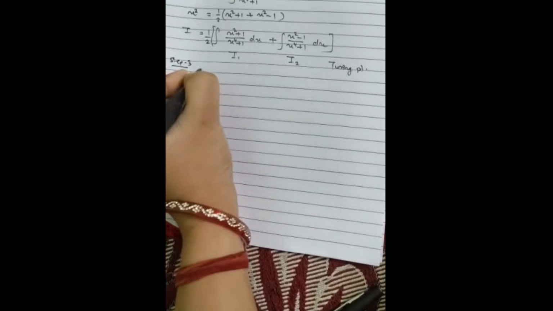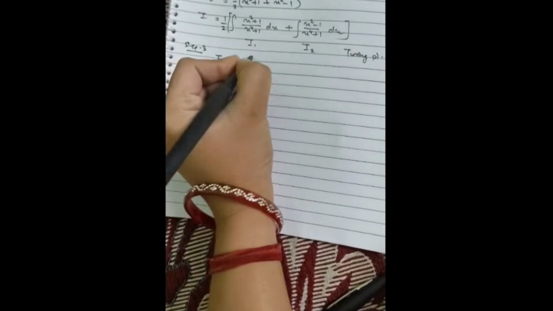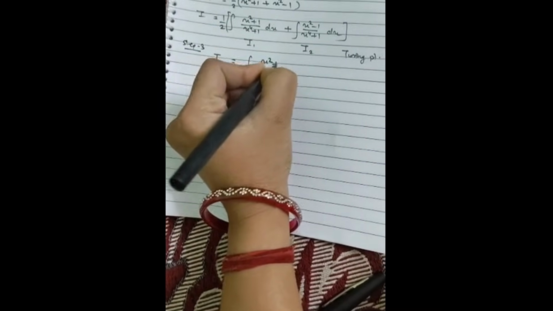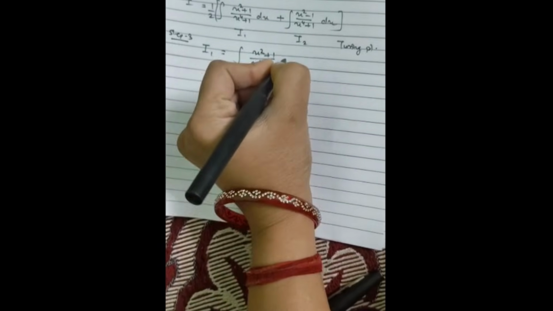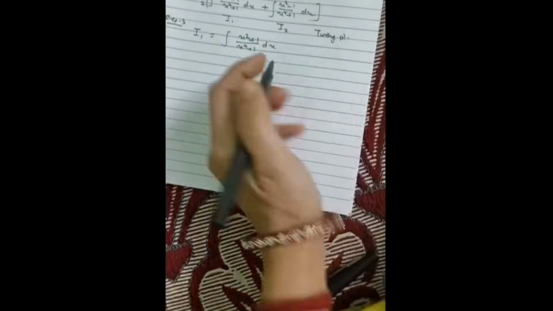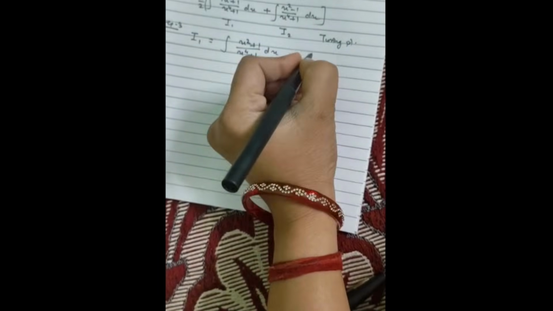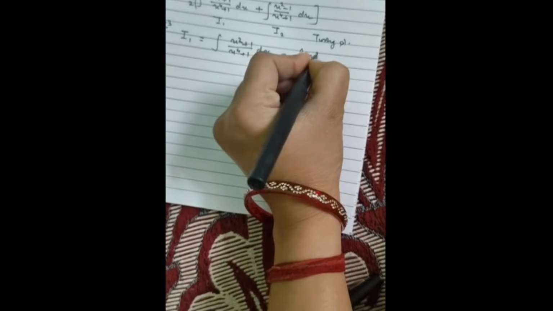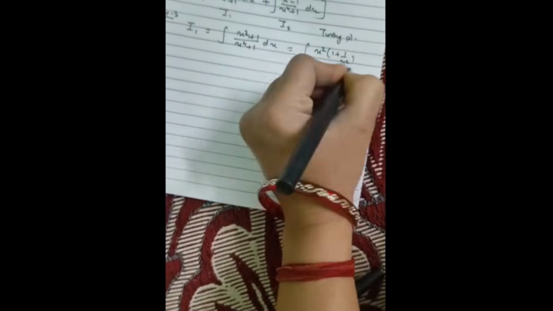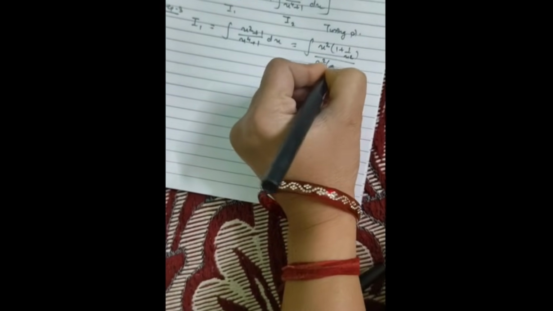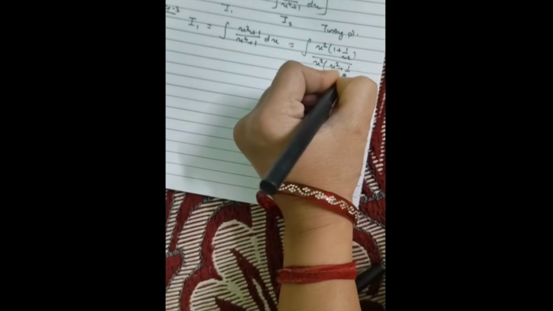Step 3. I1 is equal to integration of x square plus 1 divided by x to the power 4 plus 1 dx. We will take x square common. x square times 1 plus 1 by x square, over x square times x square plus 1 by x square, dx.